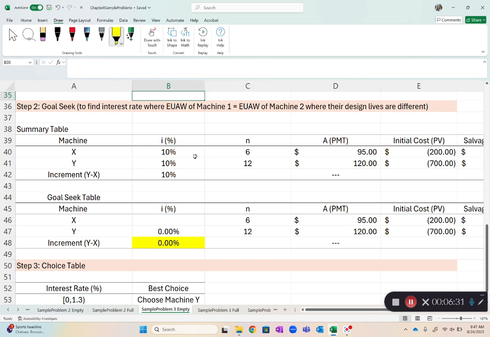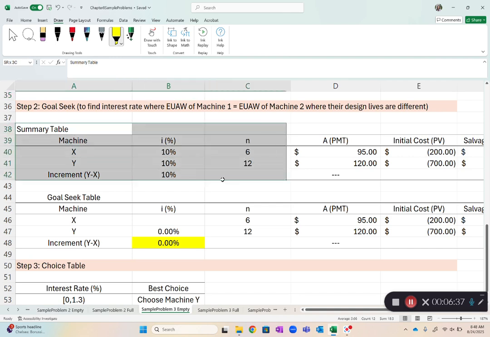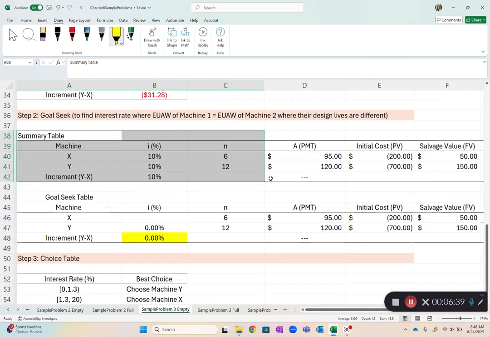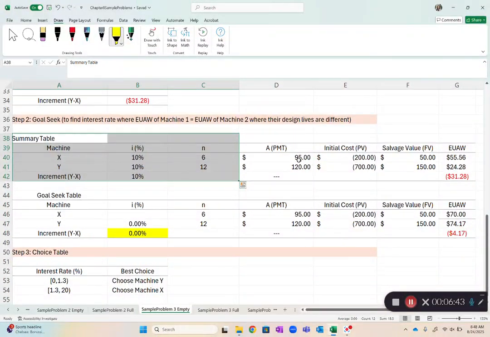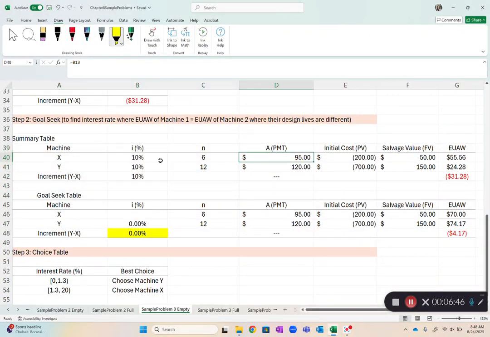Okay, so I have tried setting up this GoalSeek table in many different ways, and this is the best way I have found to do it that works. I know parts of it are redundant. Just try to reference as many things as possible so you're not rewriting numbers. That's the goal in Excel, right?